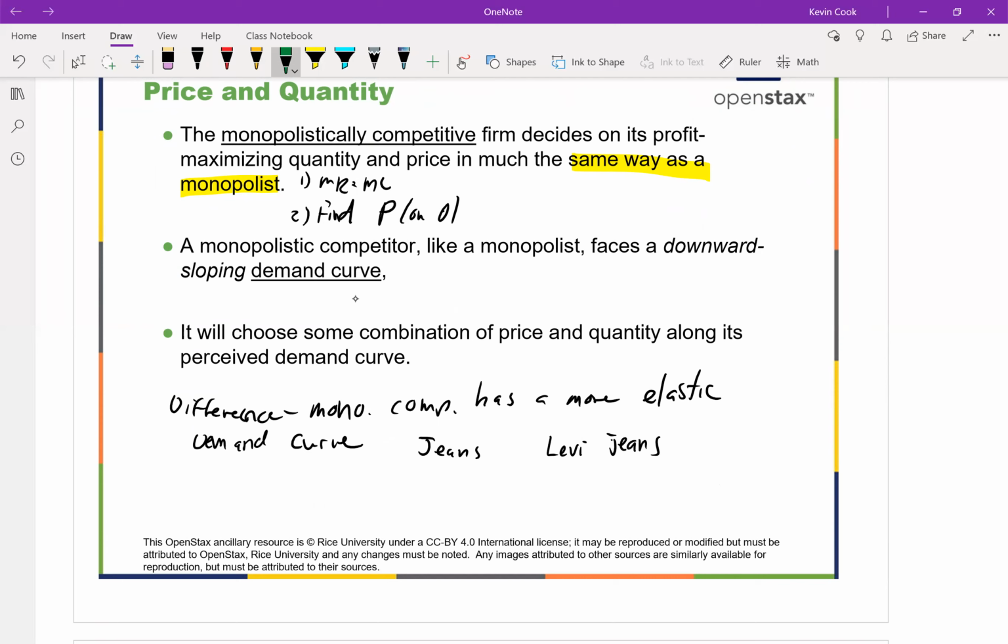There's a difference between Levi's and Wranglers and whatever one of the really nice brands is. They're not all exactly the same, but they serve the same basic function. They're jeans. They do what they need to do. So Levi's will be more elastic than jeans as a whole.